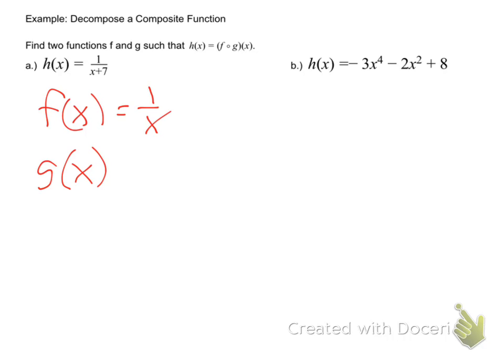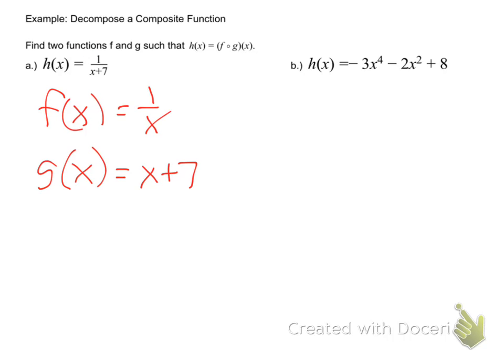And so if that's 1 over x, what does g of x have to be plugged into that to get 1 over x plus 7? Not 1 over 7. How about just x plus 7? Because when I put g inside of f, I take out the x here and replace it with x plus 7, which is h of x.